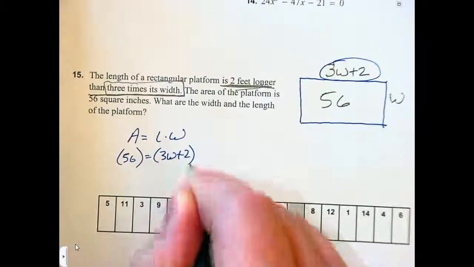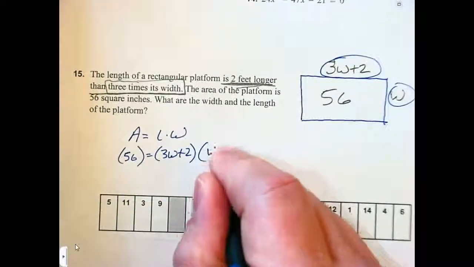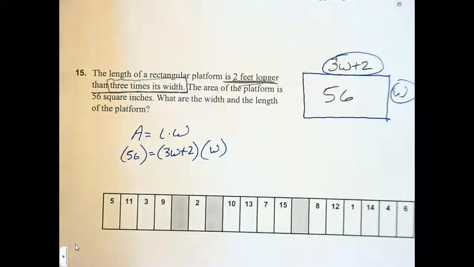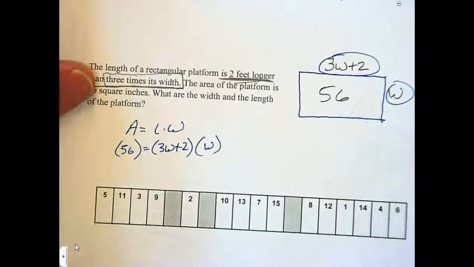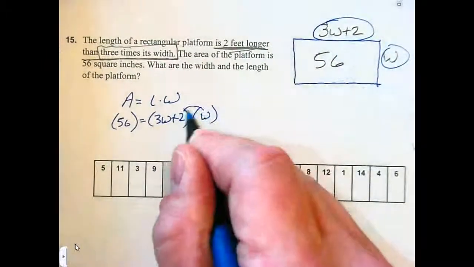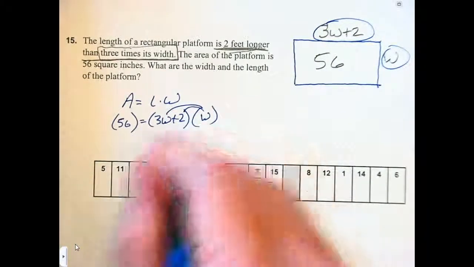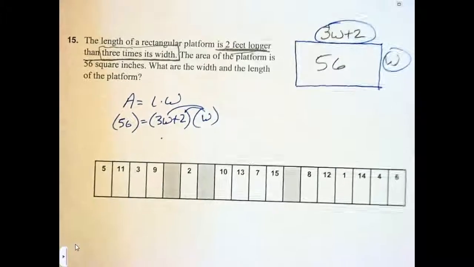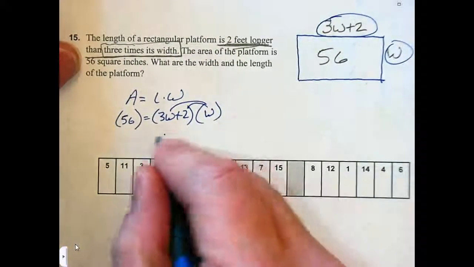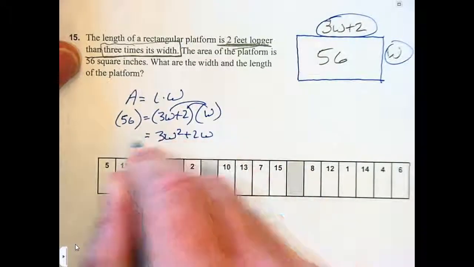And what's my width? Just W. Okay? So now you've got to actually go through and do the math like we've been working on in class. You've got to do the multiplication. Distribute that. Tell your neighbor what you get. 3W squared plus 2W is equal to 56.